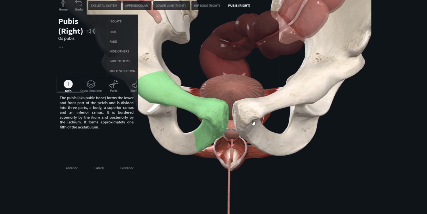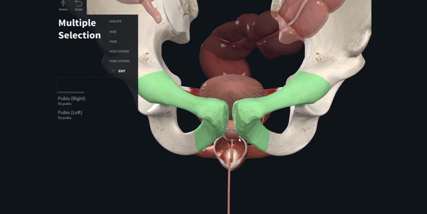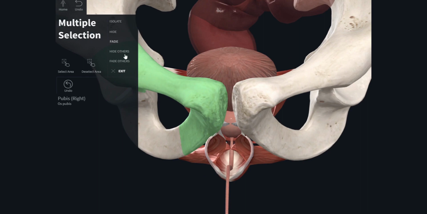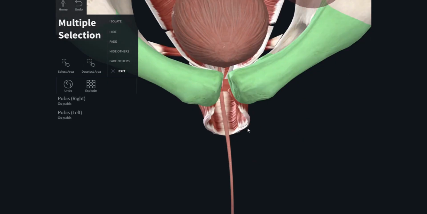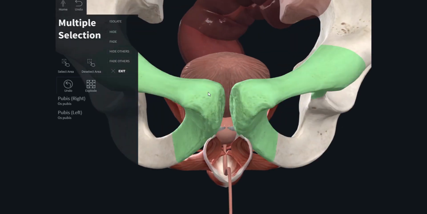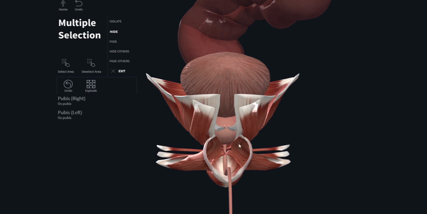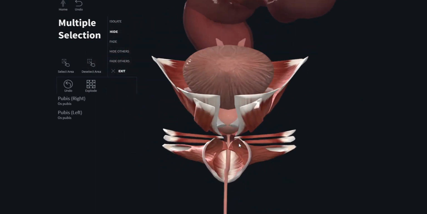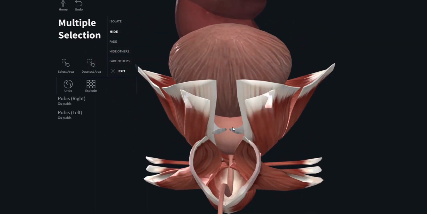Now, without the bone, there is the levator ani.